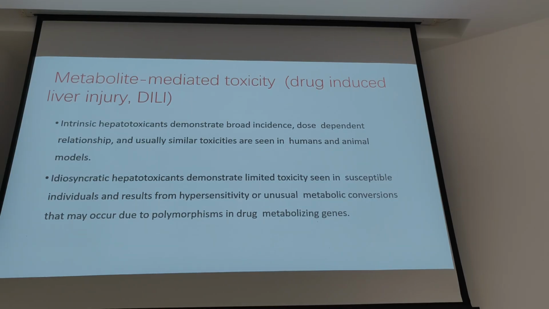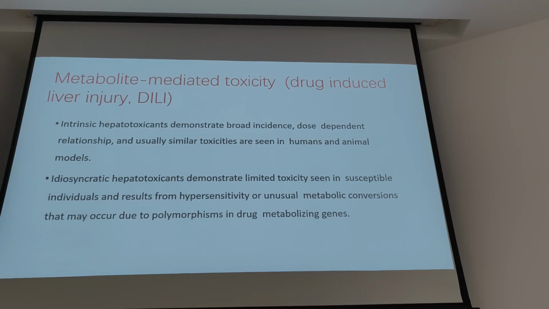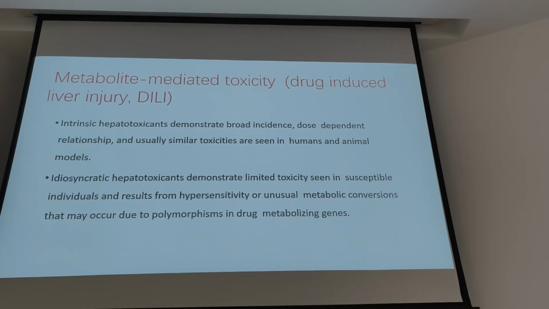So for our livers, there will be two types of hepatotoxicant. The first one is intrinsic hepatotoxicant, which affect almost everybody, right? So what are the characters of the intrinsic hepatotoxicants? So another type of that is the idiosyncratic hepatotoxicant. They can only affect small populations. Why?